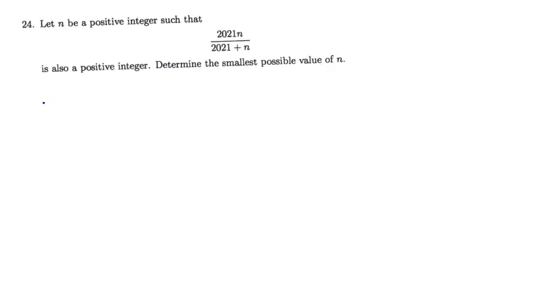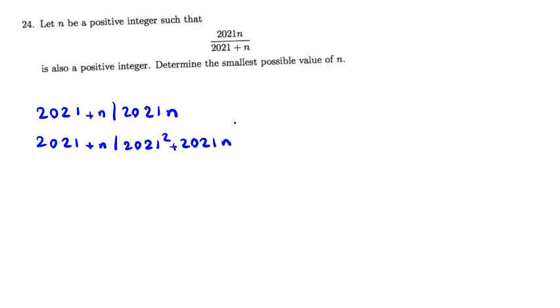So if we use divisibility, we can say 2021 plus n divides 2021, and if we multiply, we can say also 2021 divides itself, and then you multiply it by 2021, it will be 2021 squared plus 2021, and if you subtract, we calculate 2021 plus n divides 2021 squared.